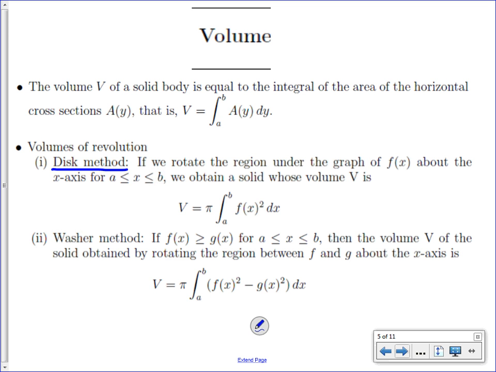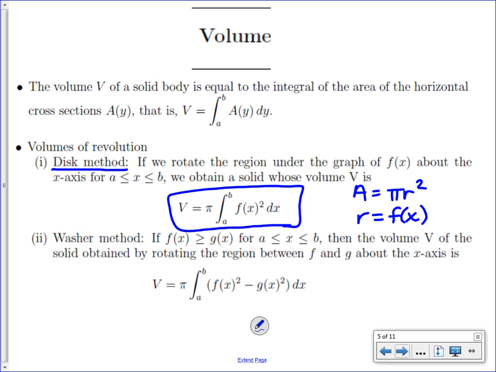So to find the volume, you're just integrating the area of a circle, which is pi r squared. In this case, r is going to equal your function, f of x. So you end up with this definite integral: volume is equal to pi times the integral from a to b of f of x squared dx.